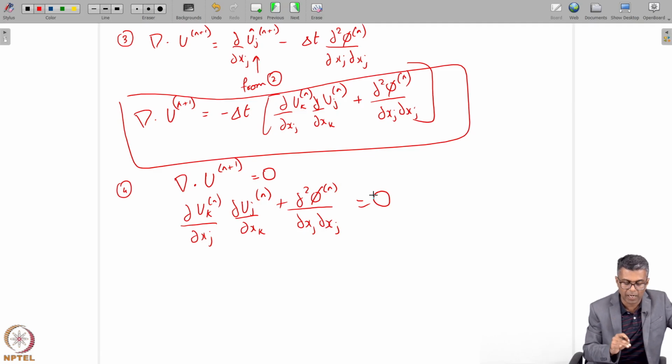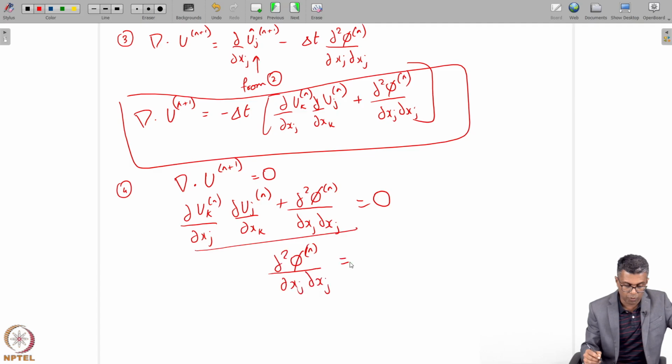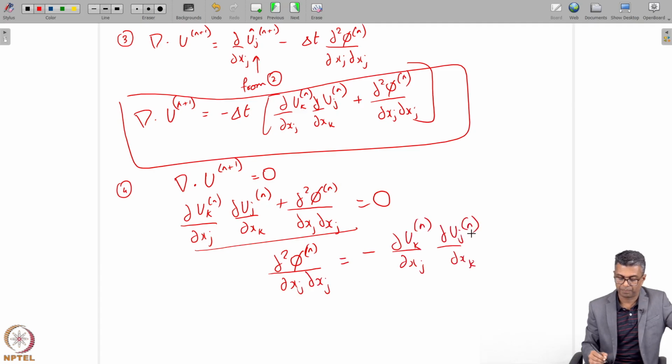So it would be del dot u n plus 1 equal to 0, which means this expression has to be equal to 0 for that to happen. So that means del squared phi n would be equal to minus del uk del xj n and del uj del xk n.